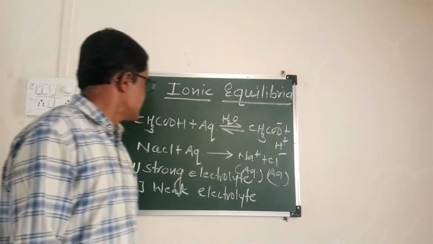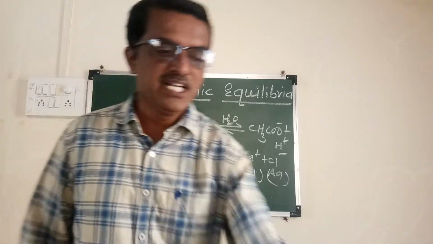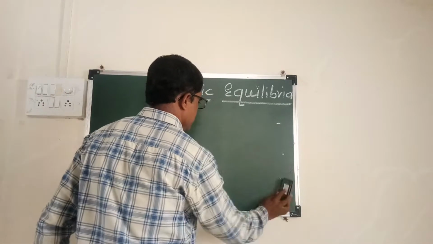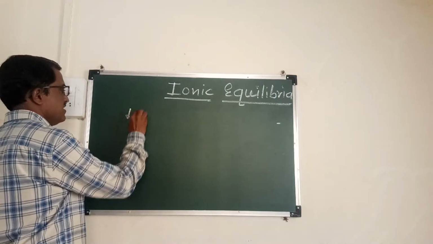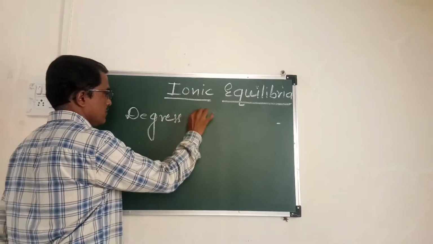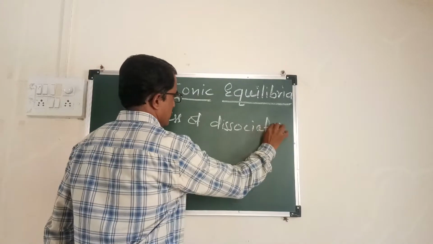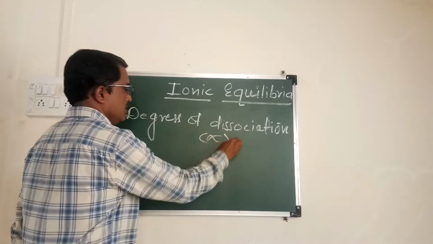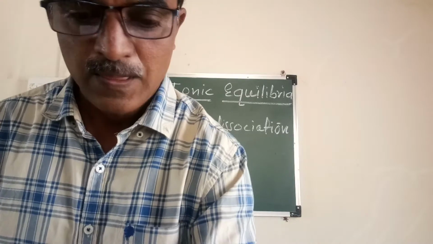By knowing these concepts, strong electrolyte and weak electrolyte, the next important concept is the degree of dissociation. It is denoted by the letter alpha.